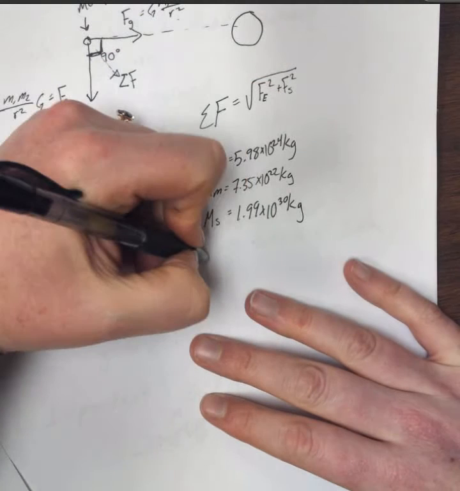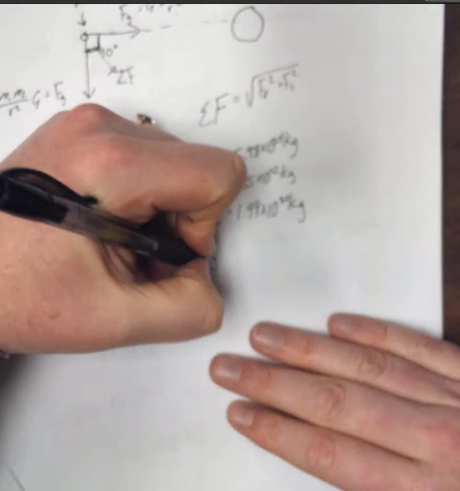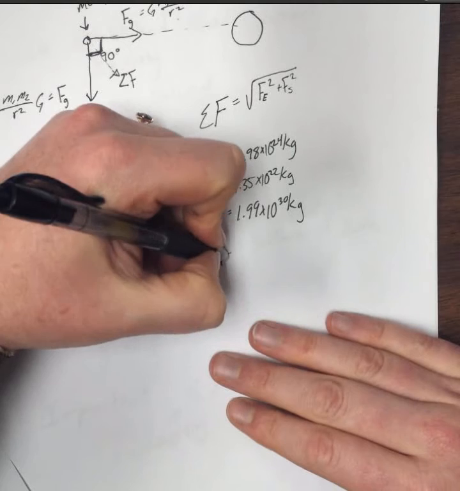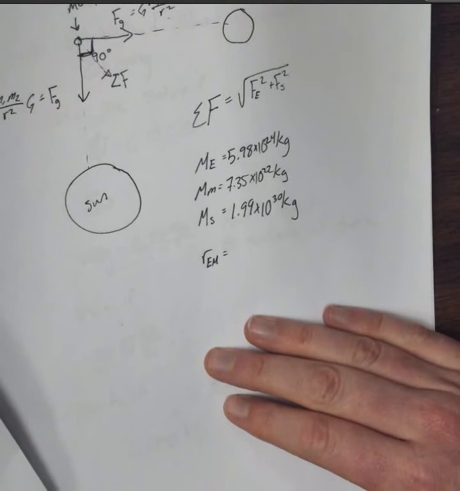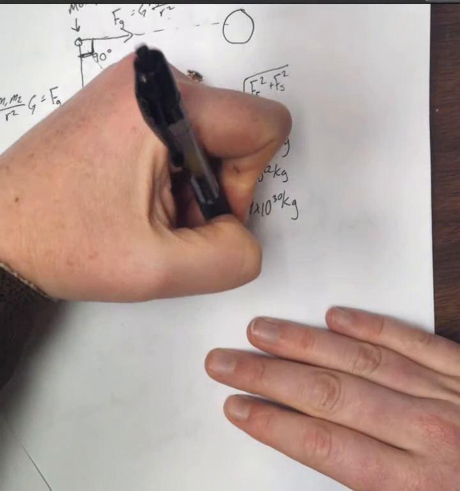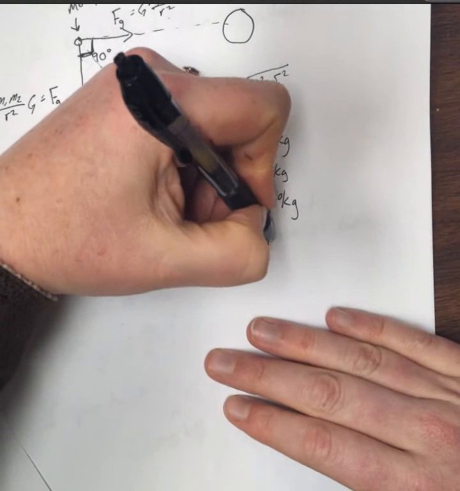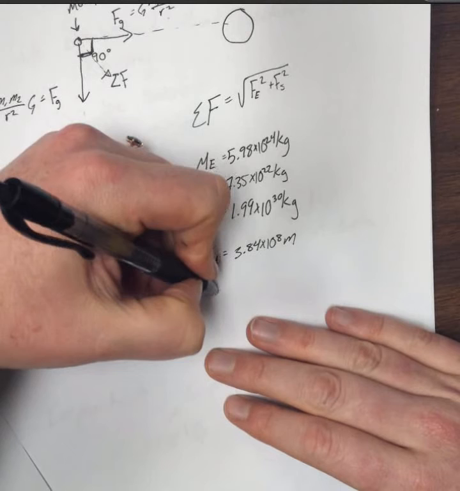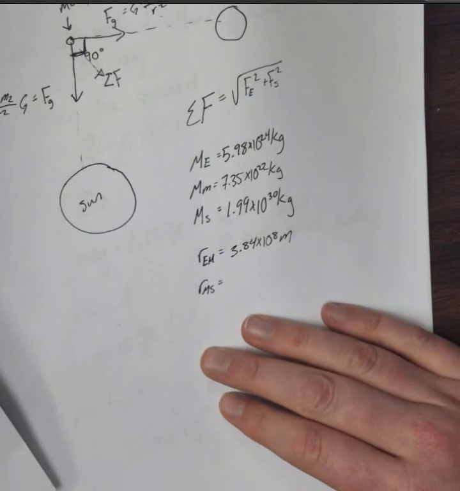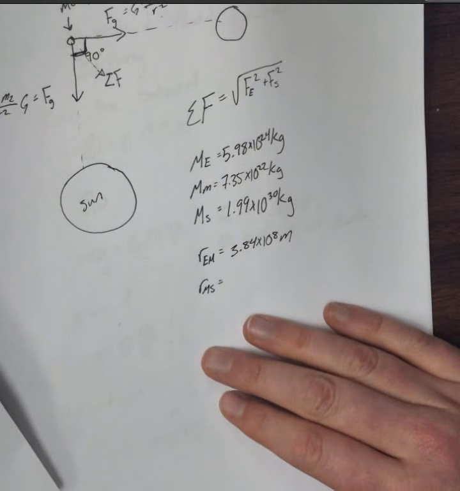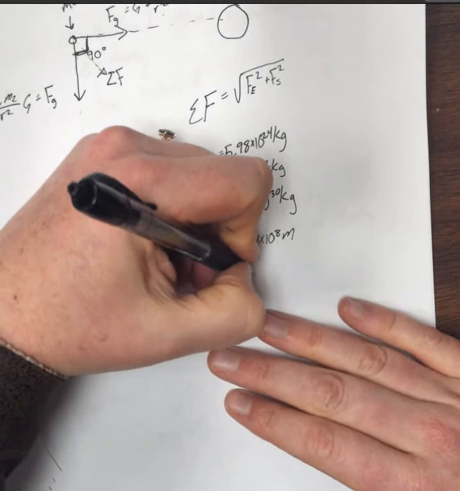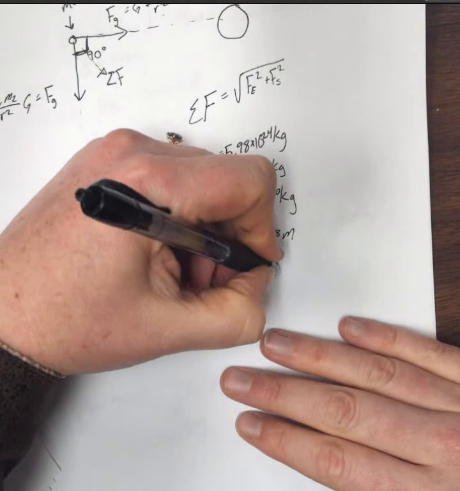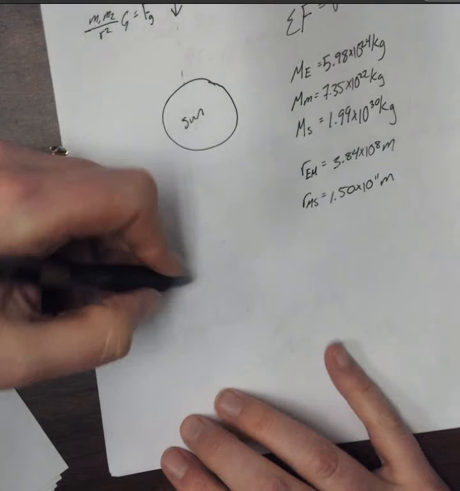The radius between the Earth and the Moon is a value of 3.84 times 10 to the 8th meters. And the radius between the Moon and the Sun is going to be a value of 1.50 times 10 to the 11th meters. So we're going to have two forces.